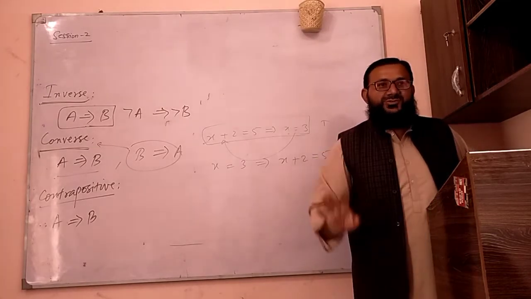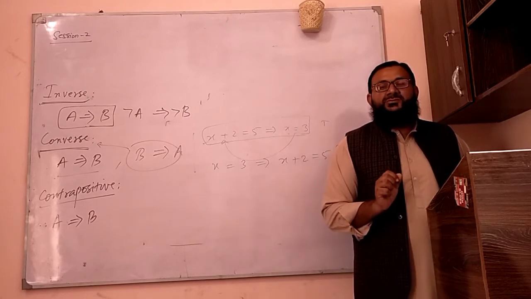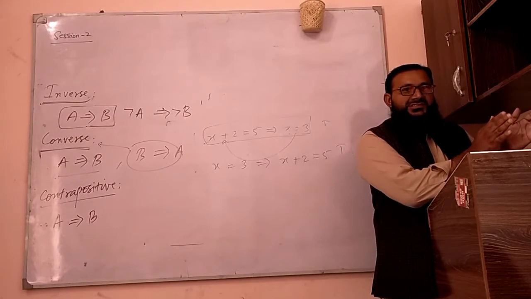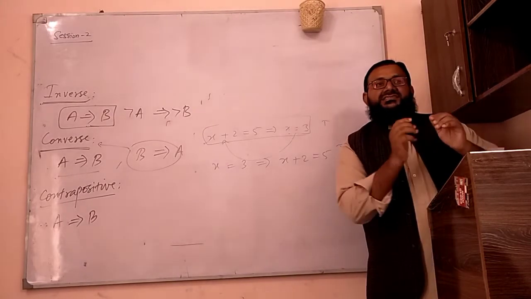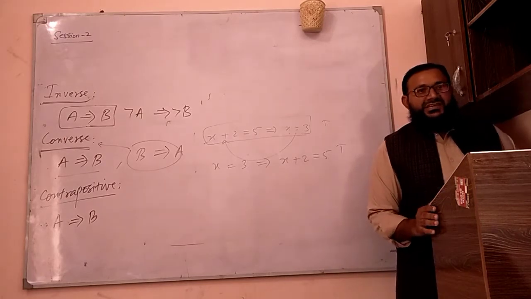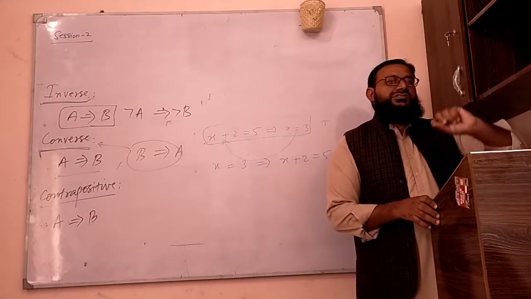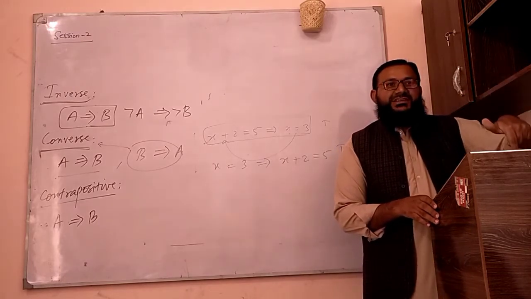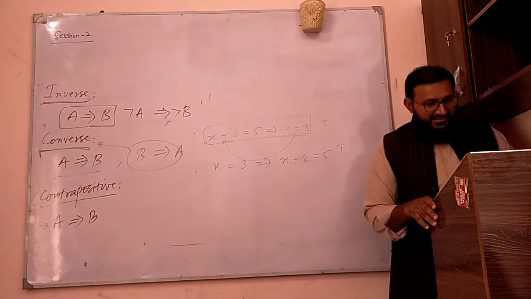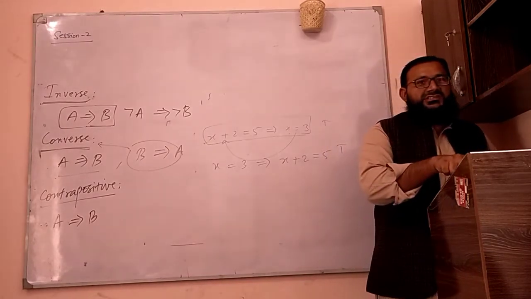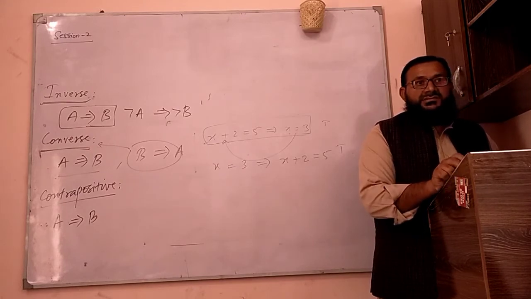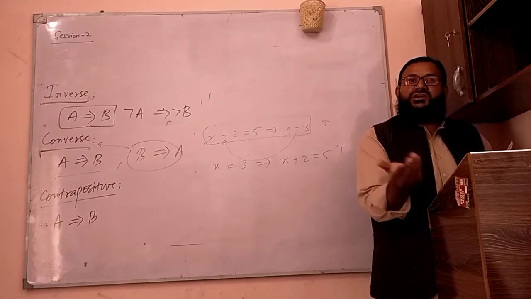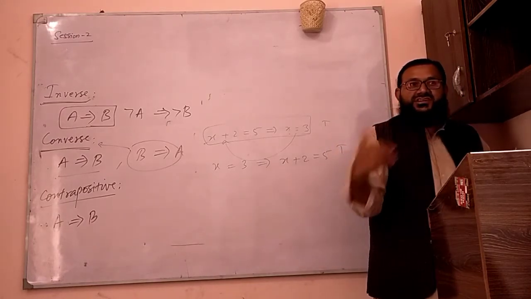If that limit does not lie in that set, we say that the Cauchy sequence does not converge. It converges basically, but not in that space. For example, if we are taking rational numbers, then a Cauchy sequence might not converge in the rational numbers. It converges in the real numbers, not in the set of rational numbers.